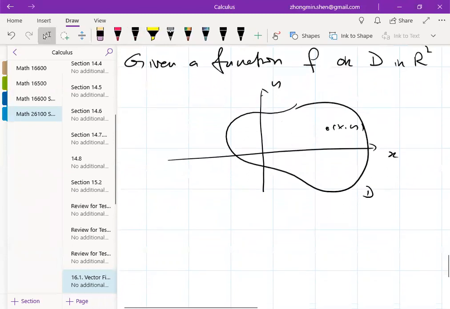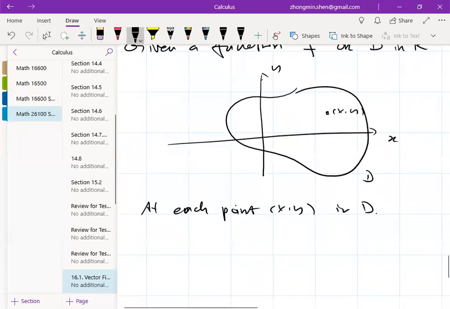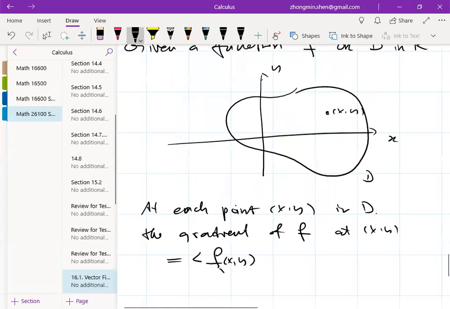And how do we understand this? The gradient is going to be, at each point x and y in D, there's a vector associated with that. The so-called gradient of f at x, y is defined to be the vector of partial derivatives of f.